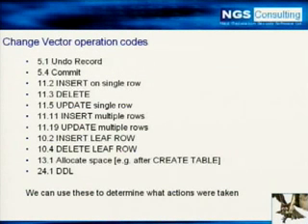The operation code for an insert on a single row change vector would be 11.2, delete 11.3, and so on. Now, one of the interesting ones is DDL 24.1 down the bottom. For all of these, with the exception of DDL, you never see the text of the SQL that was executed.